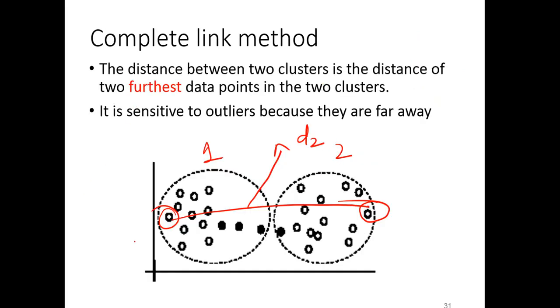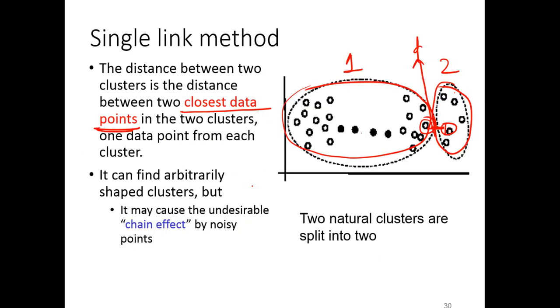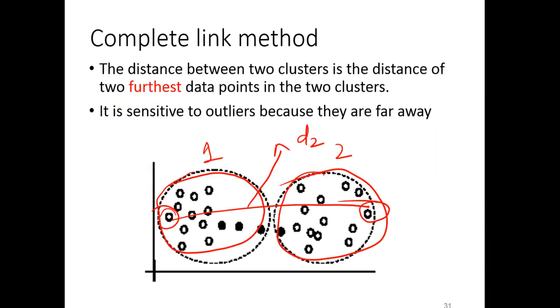On the other hand, if you take the complete link method, where you take the farthest data points to be the distance between two clusters, one set of data points is here and the other set is here. That's somewhat different from the previous slide. Depending on which method the algorithm uses to calculate the distance between two clusters, you will get different results.